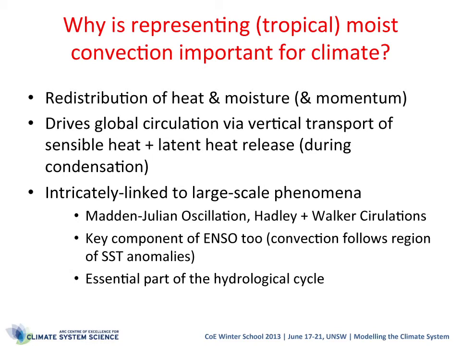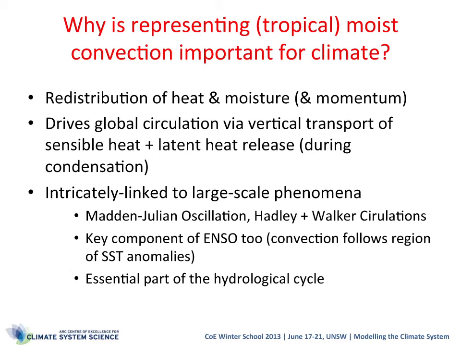It also drives global circulation by vertical transport and sensible heating. It's intricately linked to all the large-scale phenomena that you're familiar with, the Madden-Julian oscillation, Hadley and Walker circulation. So it's a key component of ENSO as well.